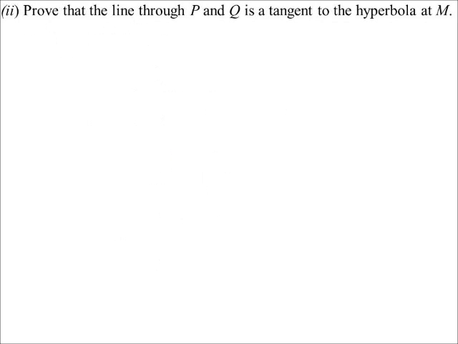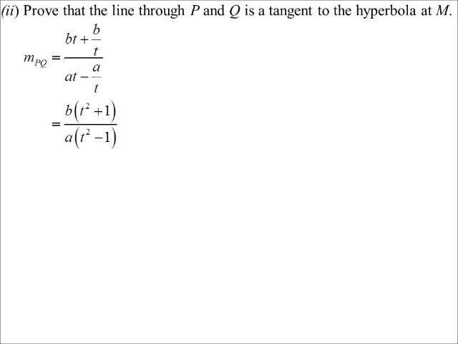Prove that the line through P and Q is a tangent to the hyperbola at the point M. So how I approach this one is I say, well, let's find the slope of PQ. So that turns out to be b(t squared plus 1) on a(t squared minus 1).